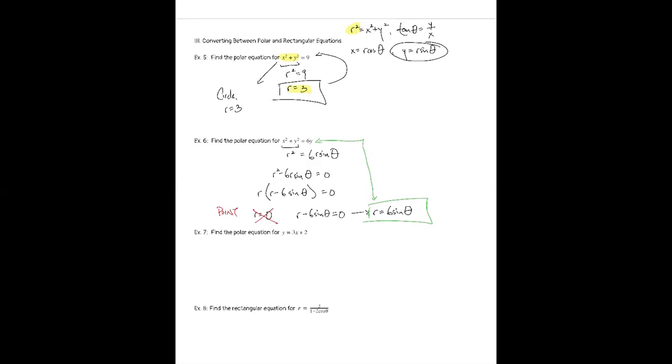Should we substitute the y for r sine and the x for r cosine? Yeah, we could definitely give that a go.